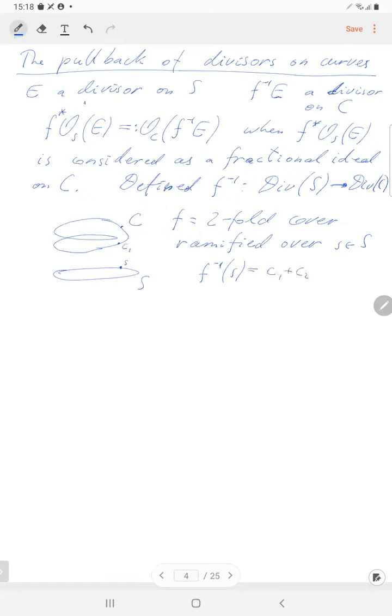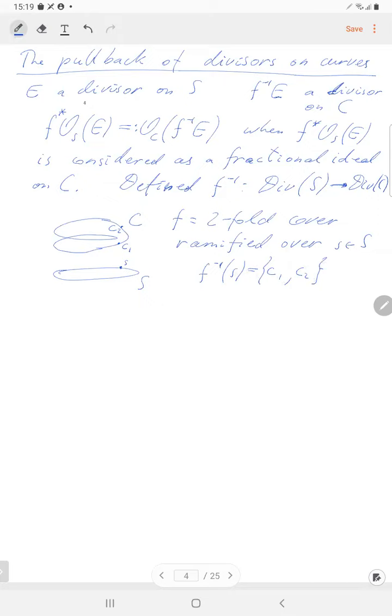Here C1, and here C2. This is the union like this. The pre-image consists of 2 points.